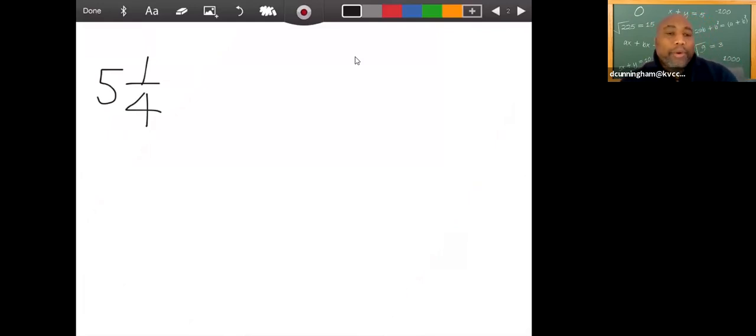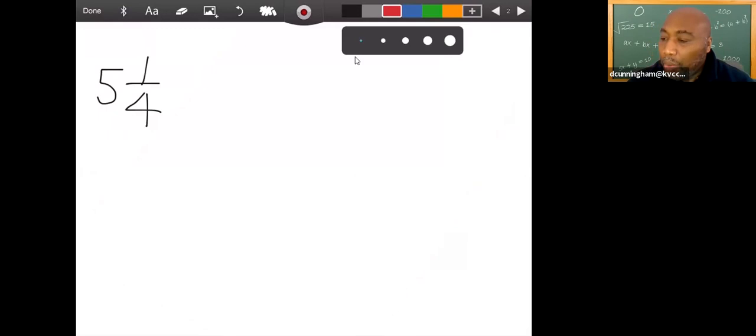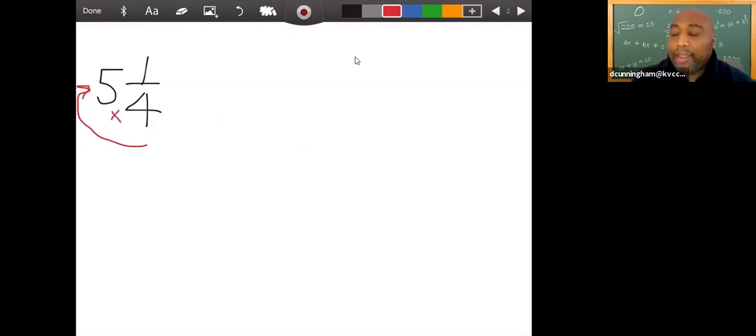So here we are on our whiteboard, and we have 5 and 1/4. And basically what was said earlier is what we should do. I'm going to put this in red. We're going to go in a clockwise direction. And what we're going to do, we're going to multiply the denominator times that whole number. And then we're going to add whatever's in the numerator. So let's do that together.